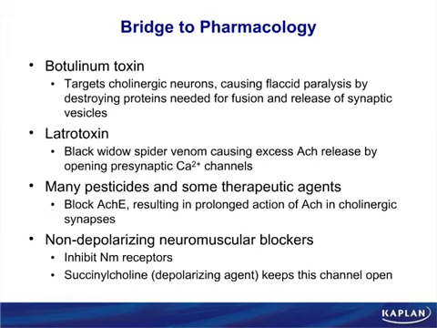All right, we also have drugs that can block or work on the nicotinic receptor on the muscle. These are non-depolarizing neuromuscular blockers. They inhibit the nicotinic receptor on the muscle. Can you remember any drugs that do that? Oh, I hope so. One of my favorite drug names.